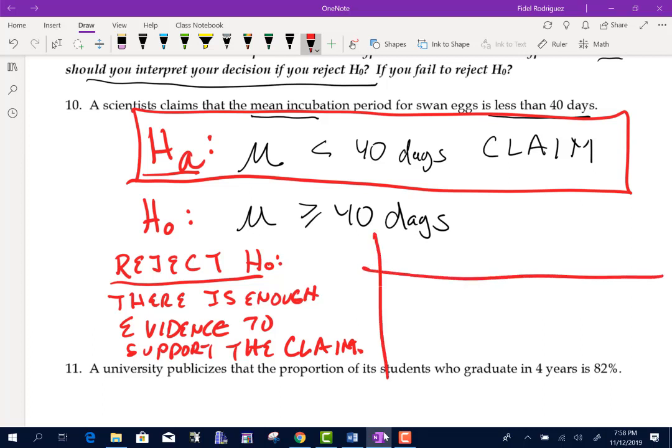That's the answer, right? So basically you're going to be able to choose from what I have in that little box. Does that make sense? The wording is going to determine.